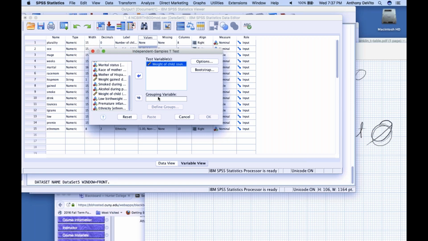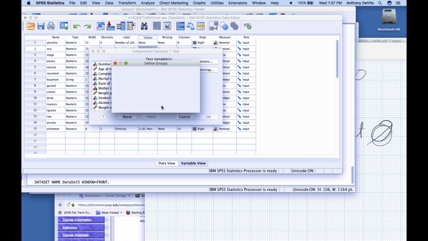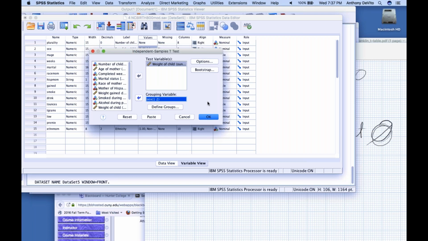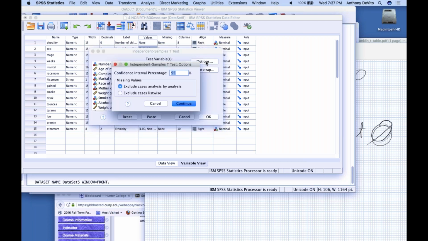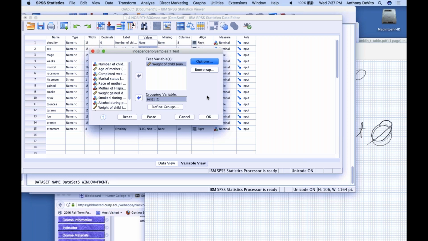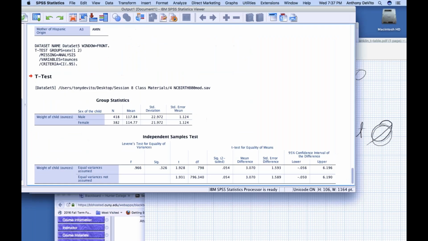The grouping variable is always a categorical variable. In this case, it's the sex of the child. And I have to tell SPSS that group 1, males, is defined by the number 1, and group 2, females, by the number 2. Maybe vice versa, I don't remember. Okay, options, I want to make sure it's 95%, since I want an alpha of 5%. I'm going to click OK.